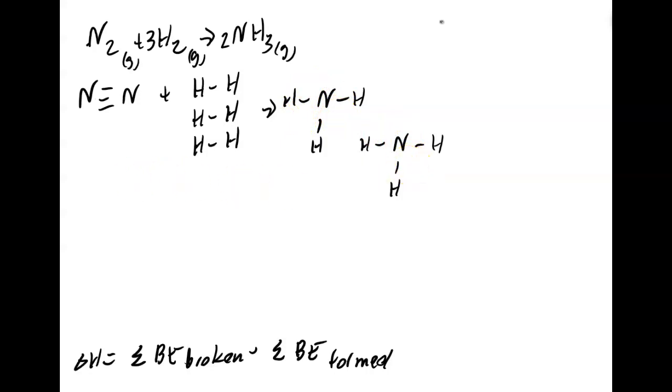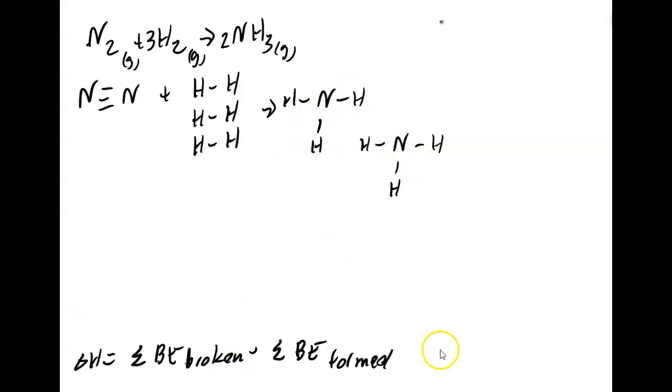Now remember, we're talking about this at the scale of moles. So it's a mole of N triple bonds that need to be broken. It's 3 moles of HH single bonds that need to be broken, and 1, 2, 3, 4, 5, 6, we already know, moles of NH bonds that need to be formed.